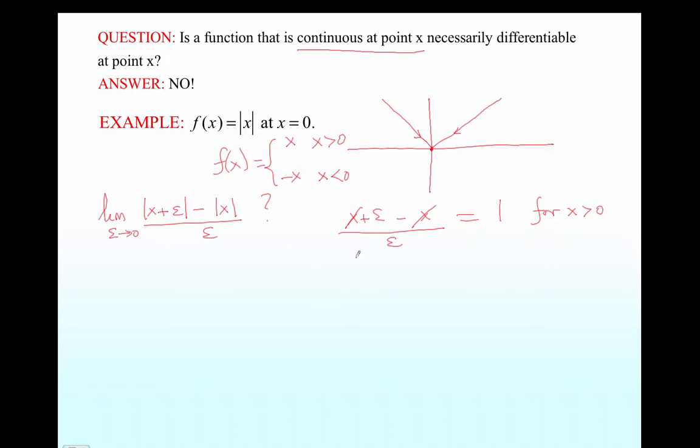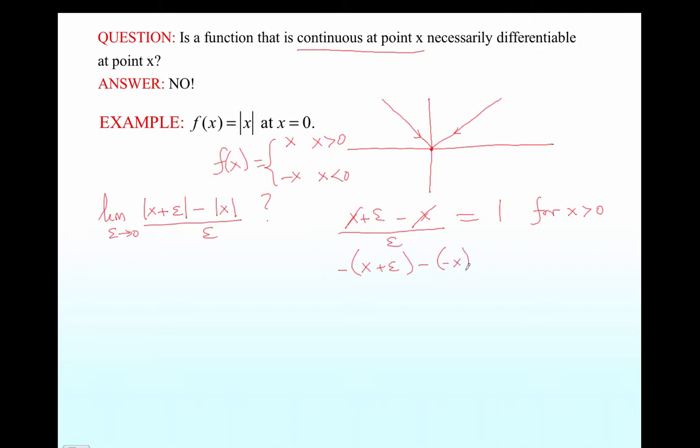But what about when x is negative? In that case, we will have minus x plus epsilon. So remember that x takes some negative value and epsilon is very, very small compared to x. So this whole thing is negative. Therefore, we've got to have a minus sign over here. And we've got to have a minus, and magnitude of x is minus, of course.